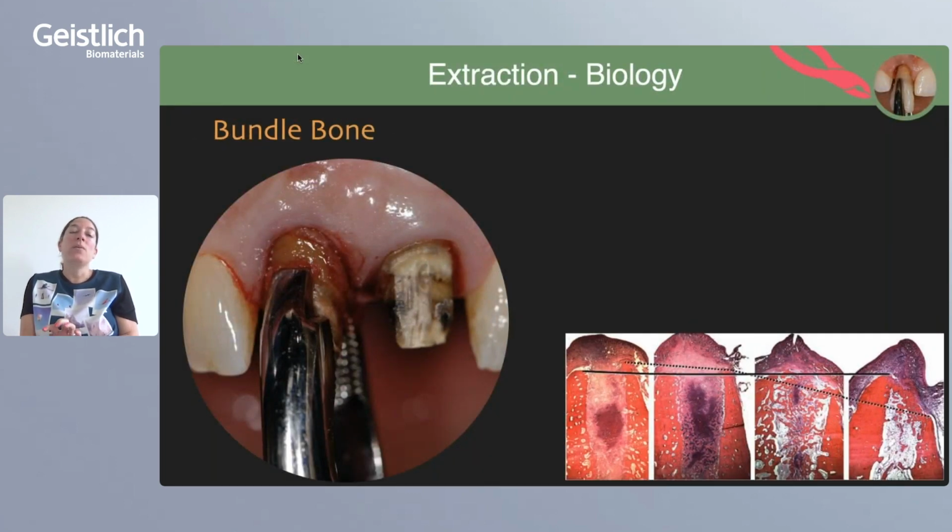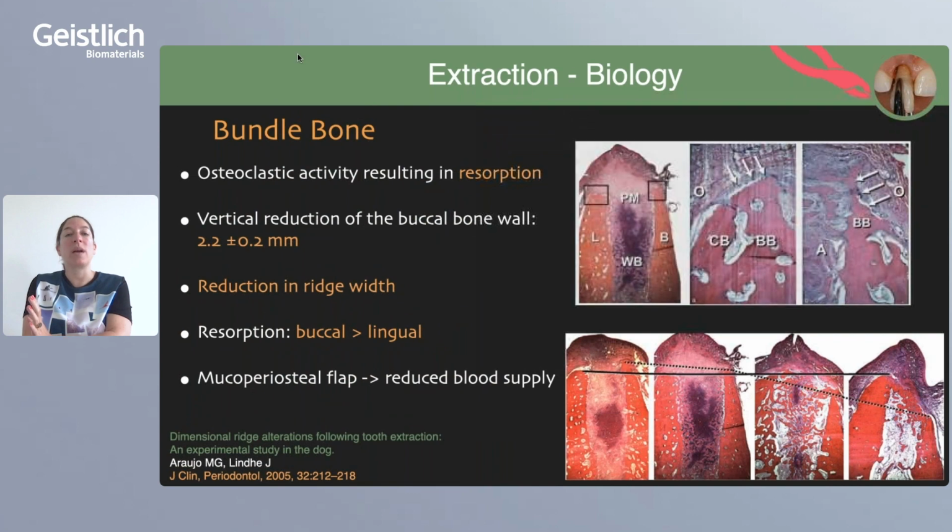When we look at the biology and a bit also at the histology, we know that we have the bundle bone at the buccal aspect. You see on the histological slides at the bottom right corner, the bundle bone is to your right. And you see what's going to happen when we do an extraction. We will have some osteoclastic activity, mainly at the buccal aspect.